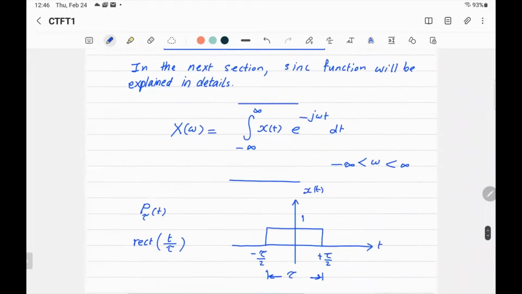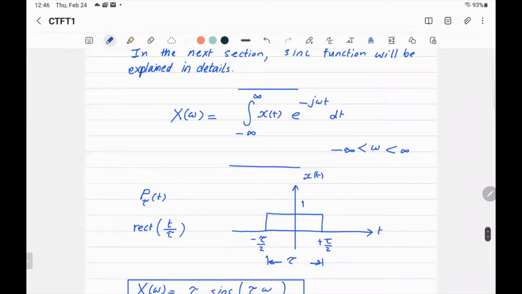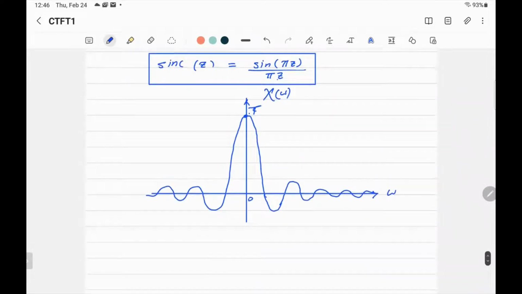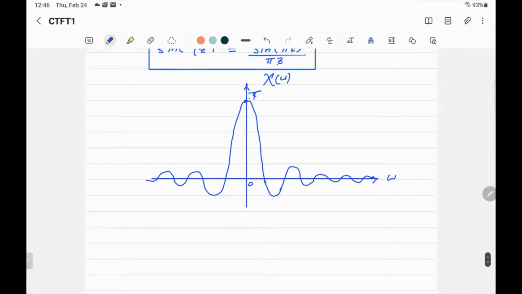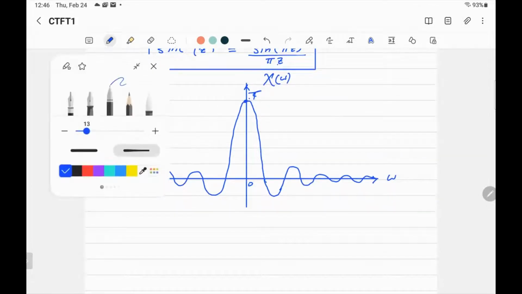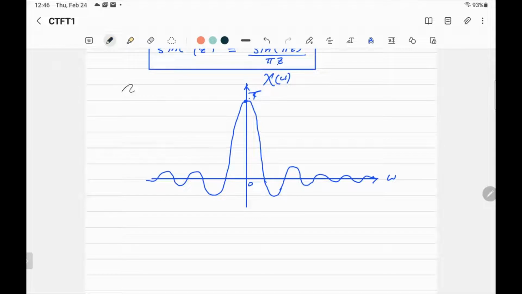But in any case, you are required to sketch the amplitude of the frequency component and the phase difference. Well, let's do that. I will sketch it on the same graph. If you want to sketch the magnitude, we call it A, right? The amplitude of the Fourier transform X of omega. How will you do it? You will say A is equal to the absolute value of X of omega.